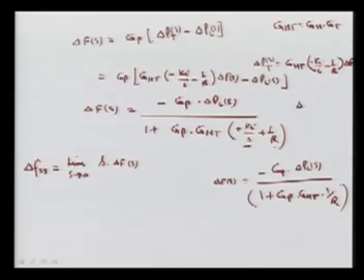Again here the change in PL is some constant X upon S, because we are talking about the step response. So we can put this value and then we can go for this.